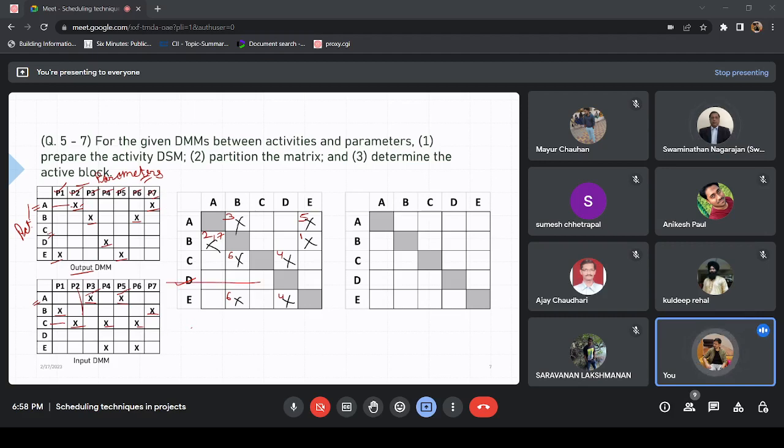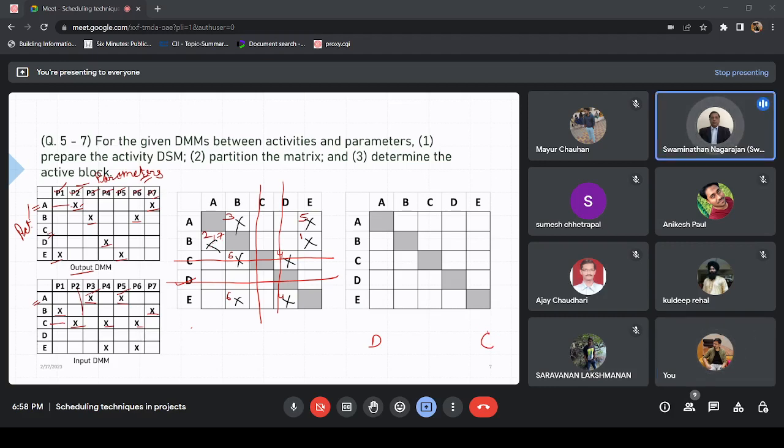D goes first, that we saw. Then for the next, we can say C goes last. Then, is there anything that we can do?